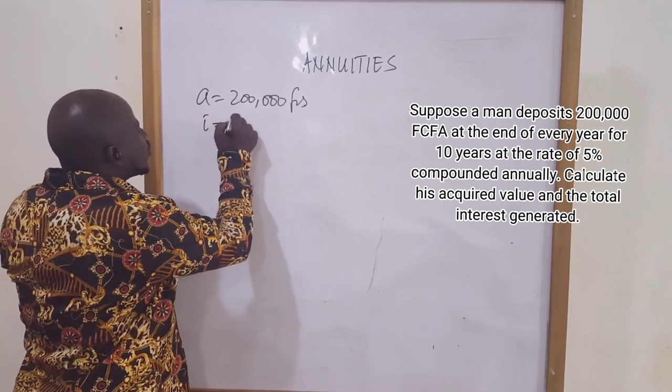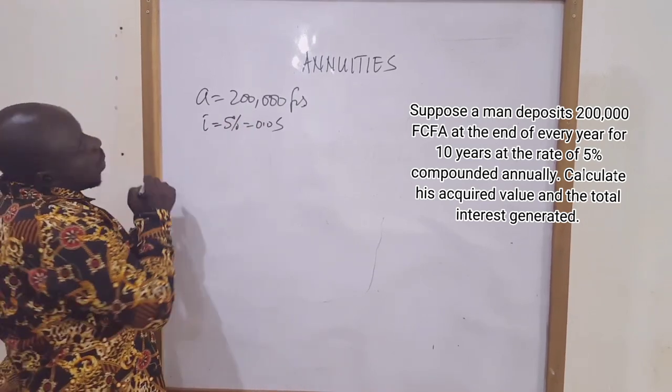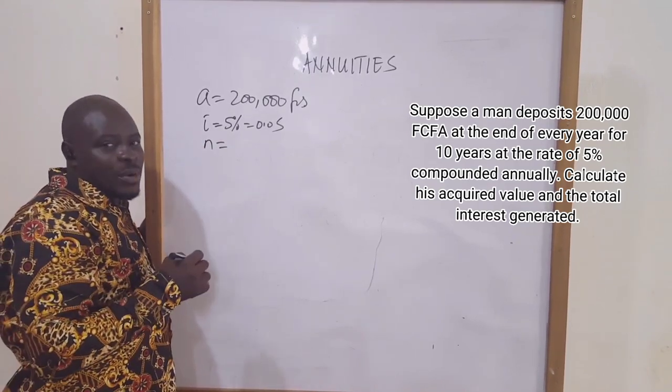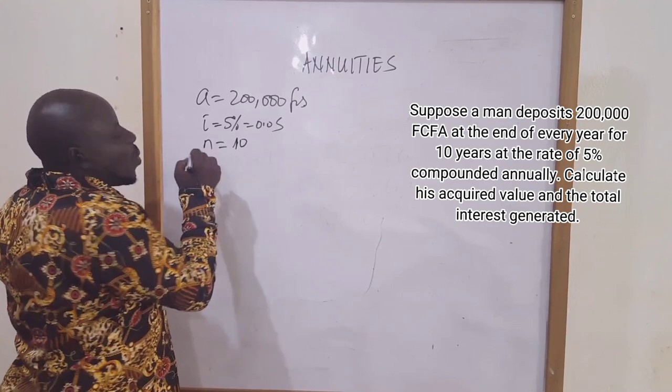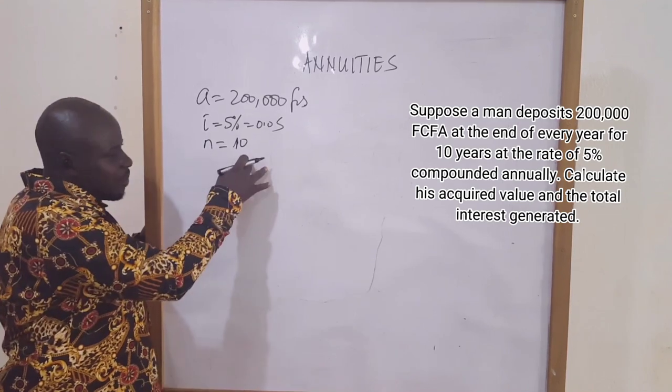So i is equal to 5%, which is 0.05. Now, if he makes 10 deposits, right? What should actually be his acquired value at the end of 10 years? So he made 10 deposits.